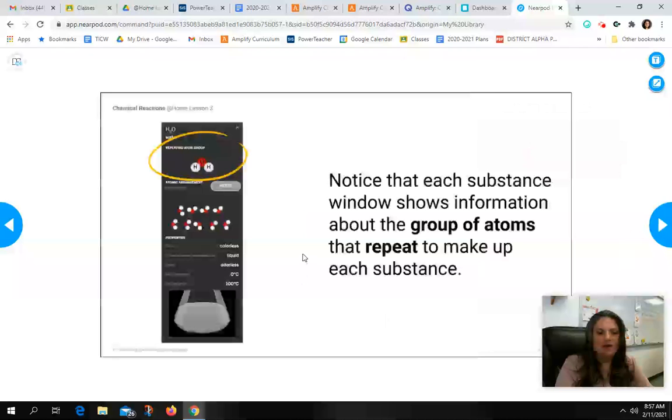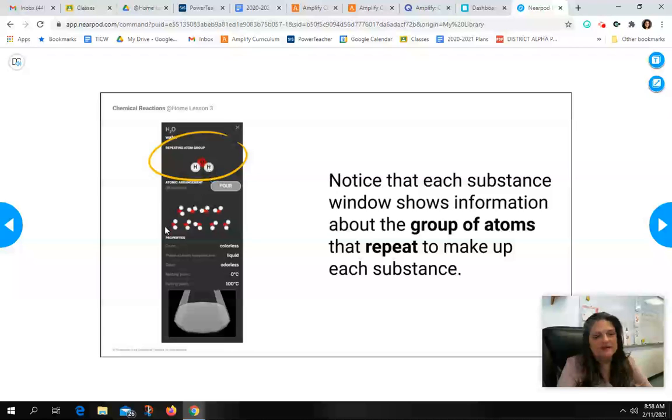Notice that each substance window shows information about the group of atoms that repeat. This is very important. So remember, water is not made up of just two hydrogen and an oxygen. Water is made up of this repeating atom group. So H2O over and over and over and over millions of times to get a glass of water. So here we have the single atom group.